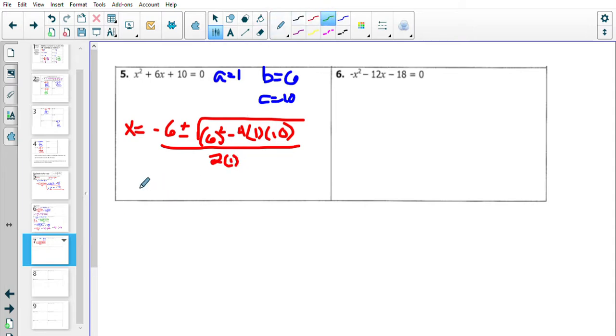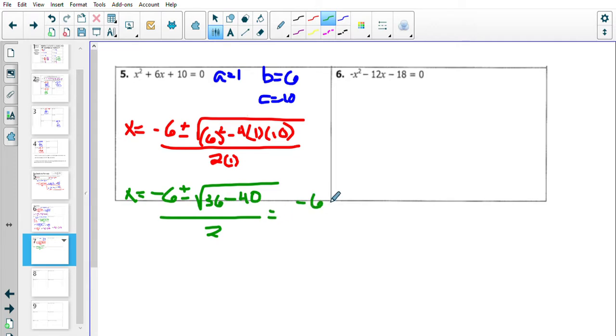So we're going to reduce inside. We have negative 6 plus or minus the square root. 6 squared is 36. Negative 4 times 1 times 10 is negative 40, divided by 2. So I'm going to add the 36 minus 40. So that gives me a negative 6 plus or minus the square root of negative 4 divided by 2.